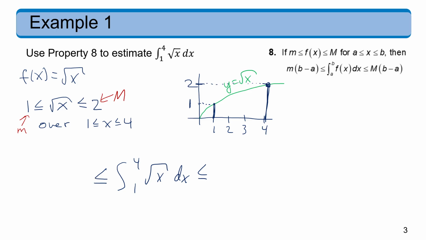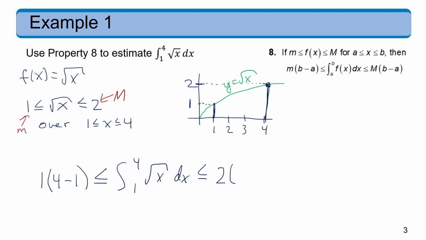Now on the left side, we take little m, which in our case is 1, multiplied by b minus a, right? And that a and b were given here. A is 1, b is 4. So b minus a will be 4 minus 1. And then on the right side, we have capital M, which we found to be 2.